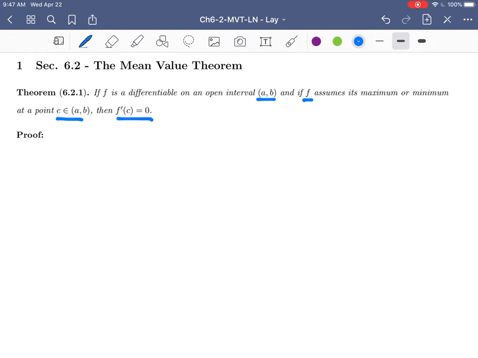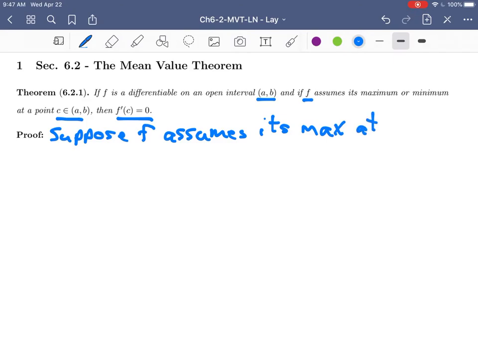So let's start with, suppose f assumes its maximum at c in the open interval a to b.